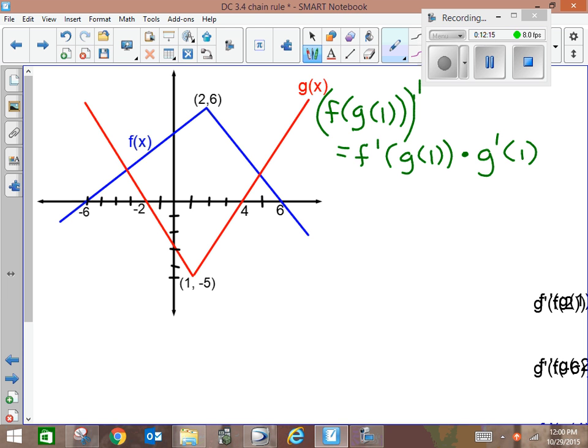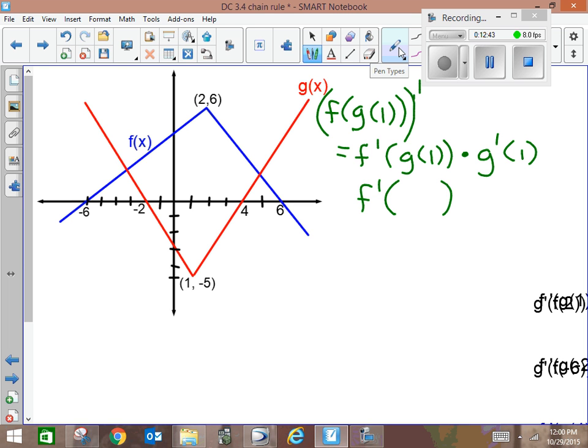Putting the 1 in early maybe won't throw you, but once you're talking about all the derivatives, it might. All right, so of course we're going to start with f prime of g of 1. g is the red function, so the g of 1 is red.